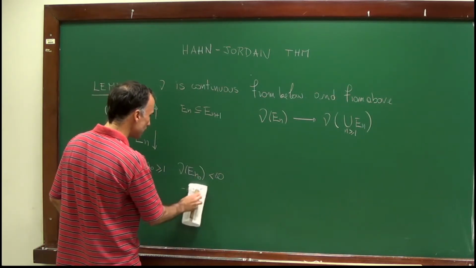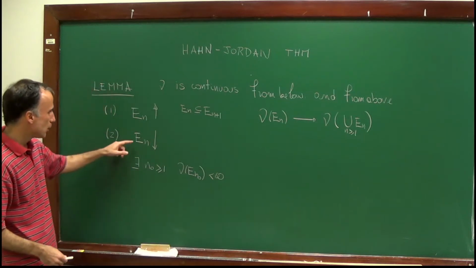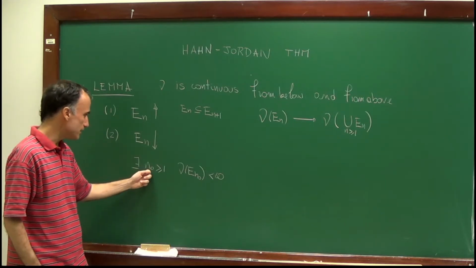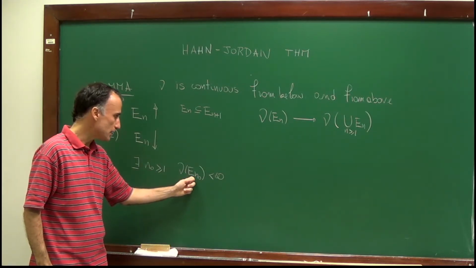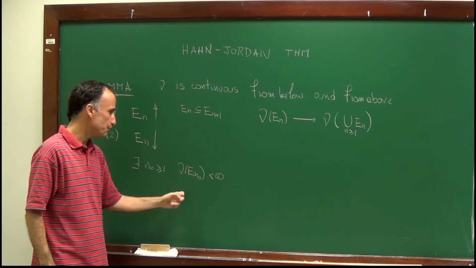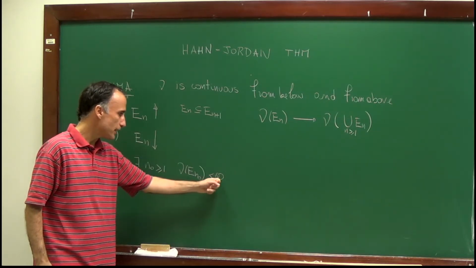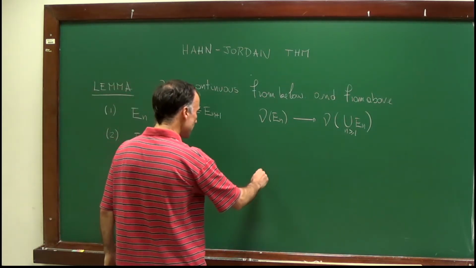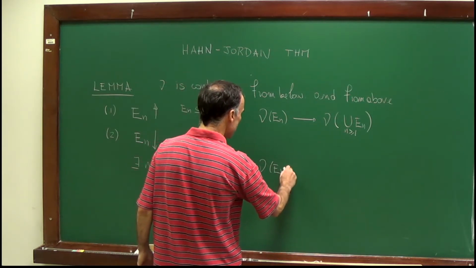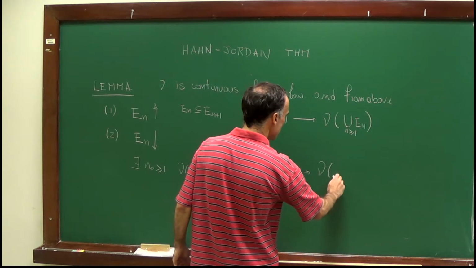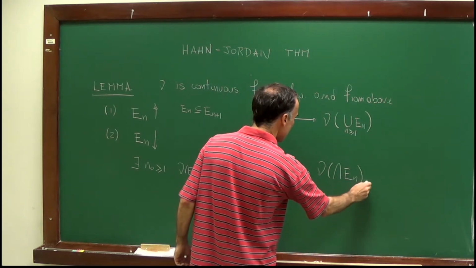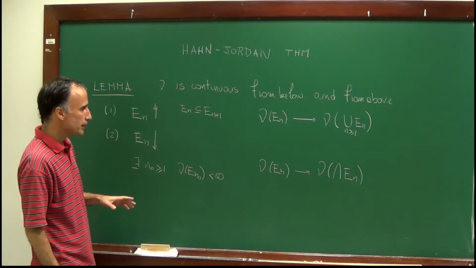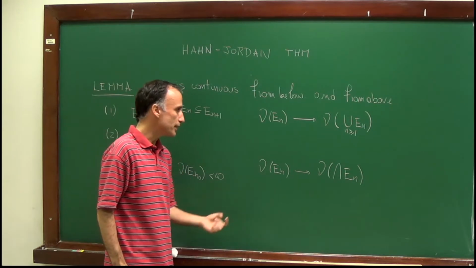So I'm restricting here to sequences for which there exists a certain index N0 for which the measure of EN0 is finite. So it's a real number because it doesn't take the value minus infinity, and here I'm assuming that it does not take the value plus infinity either. And now again, I'm requiring that nu of En converges to nu of the intersection of En. So this is the definition of continuity from above in the case in which nu takes real values.